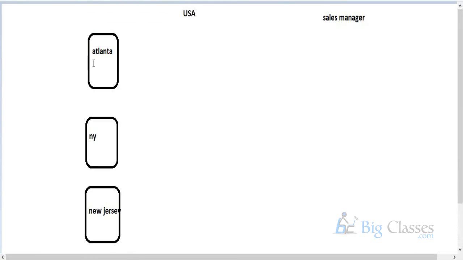One OLTP system stores the data in SQL Server, another stores the data in Oracle, and another contains the data in SAP. So three different OLTPs are present, where the data is residing in different technologies: SQL Server, Oracle, and SAP.